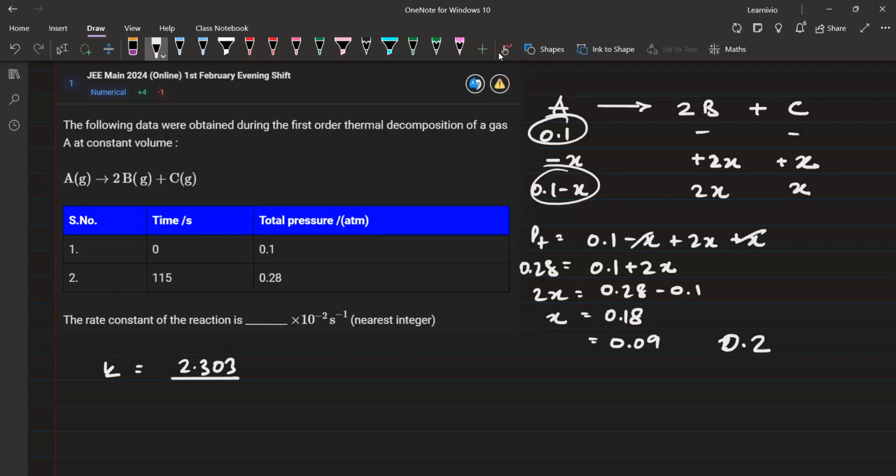Divided by 115, log of initial is 0.1 divided by 0.1 minus 0.09.